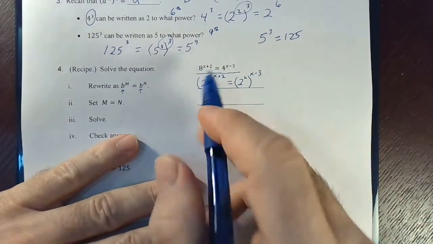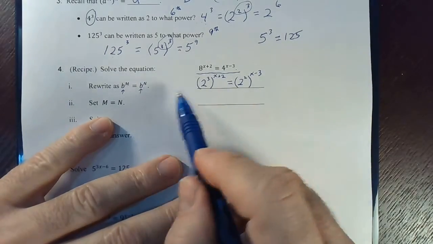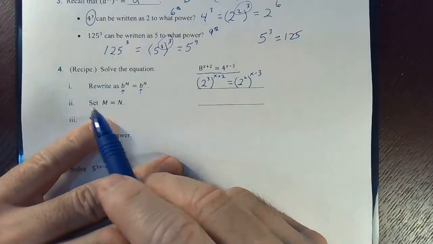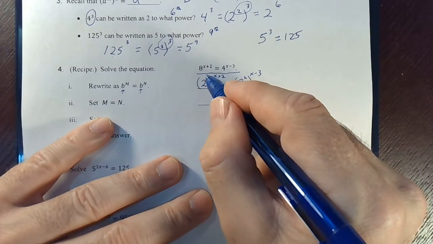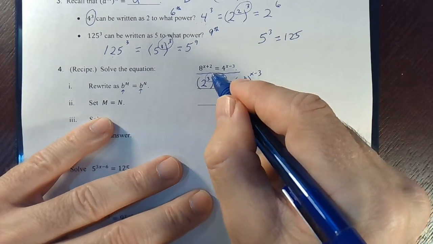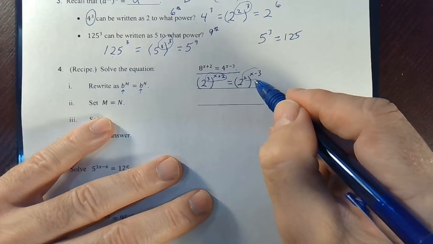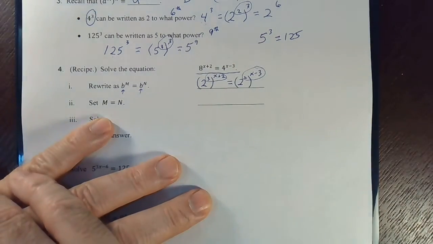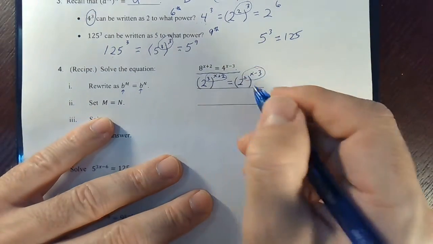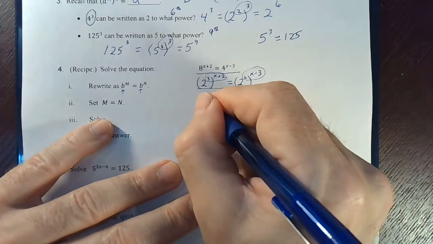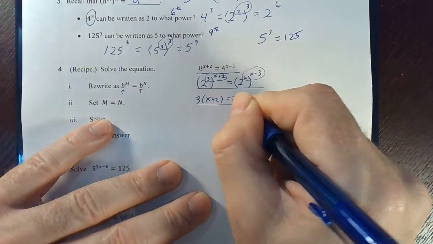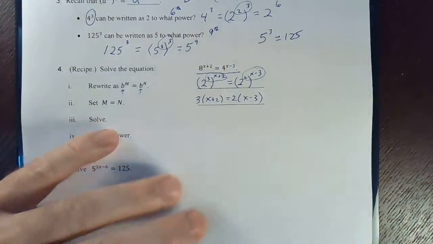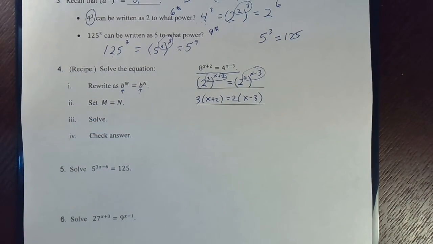Okay, now I'm going to set m equal to n. m and n are the exponents, but before I do that, I need to do some simplifying. I need to multiply those two exponents together, multiply those together as well. So that's going to give me 3x plus 2 equals 2 times x minus 3. That's what we have to solve, and we'll find out what x is.